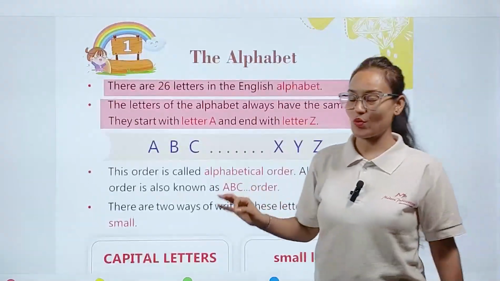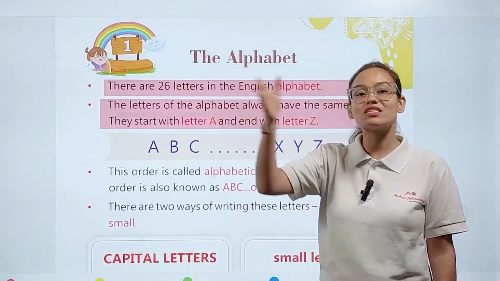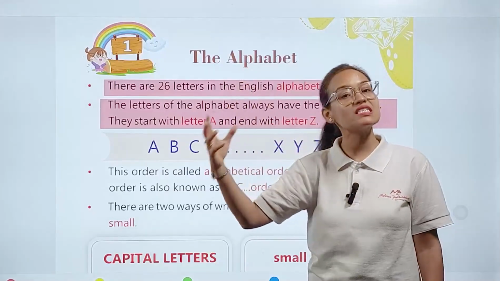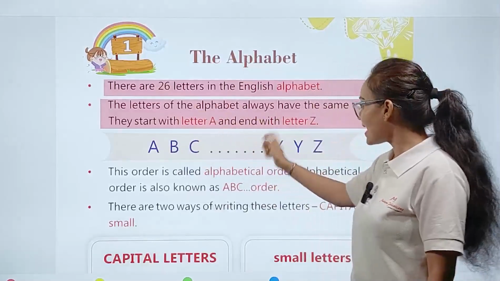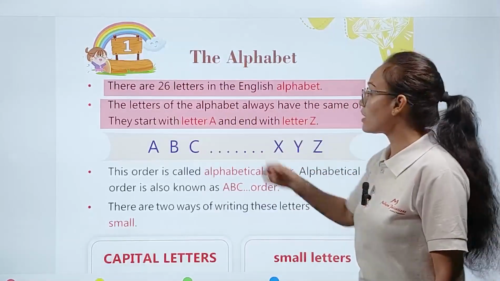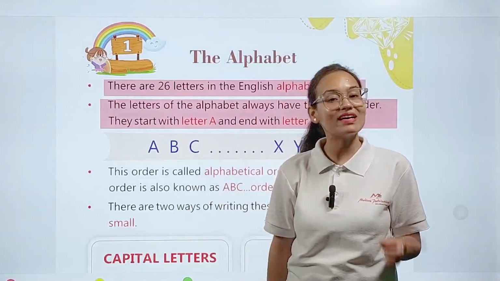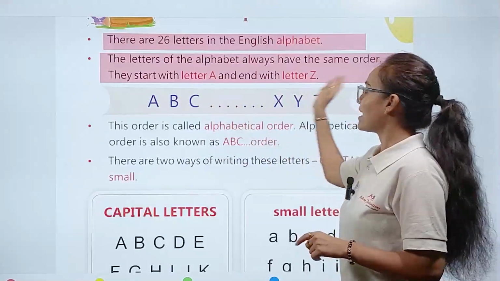Yes, very important point. The letters present in our alphabet have a serial number. They are always written in a sequence. They always start with letter A and end with letter Z. So here you can see A, B, C, X, Y, Z.